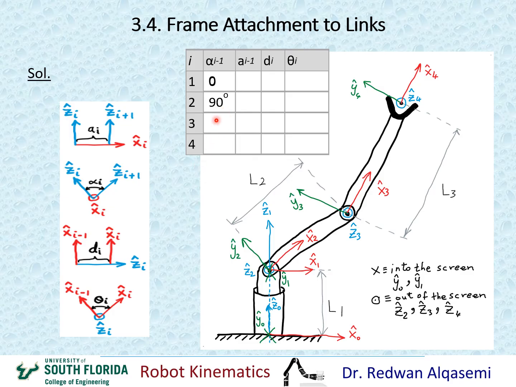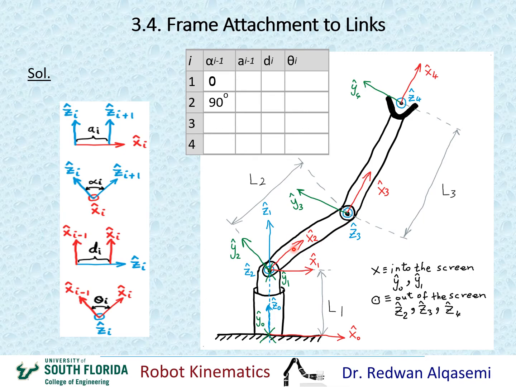Now for when i equals 3, we're looking at alpha i-1, so alpha 2. For alpha 2, we have to look at z2 and z3 about x2. Okay, z2 is coming out of the screen here, and z3 is coming out of the screen here, and we're going to look at this about x2. x2 is right here.